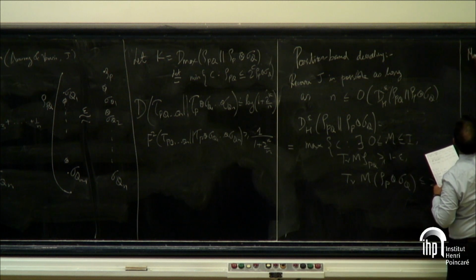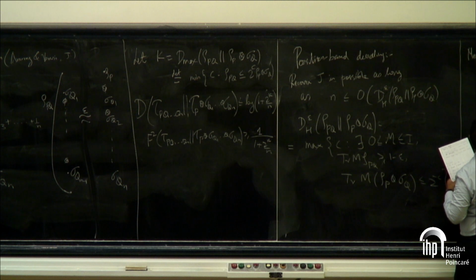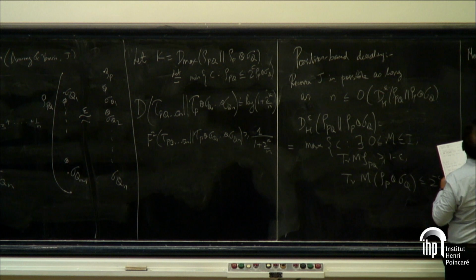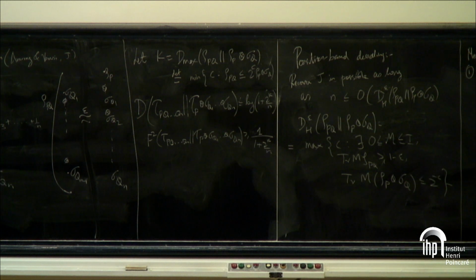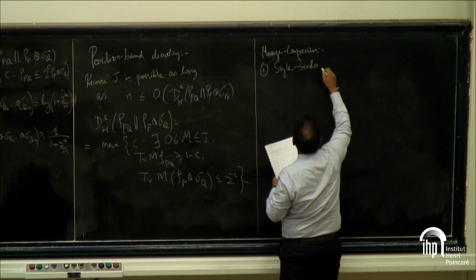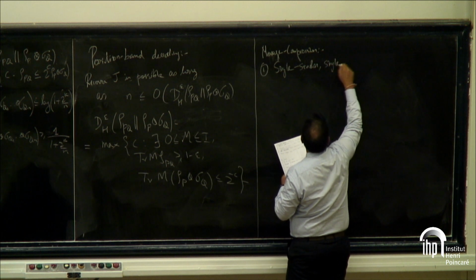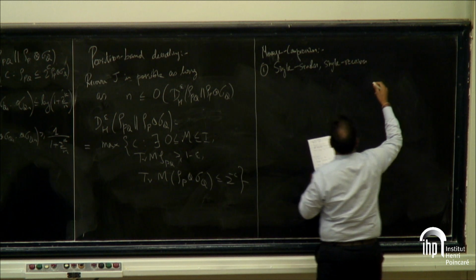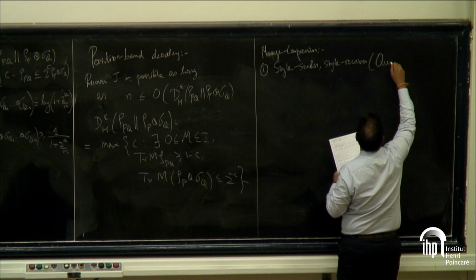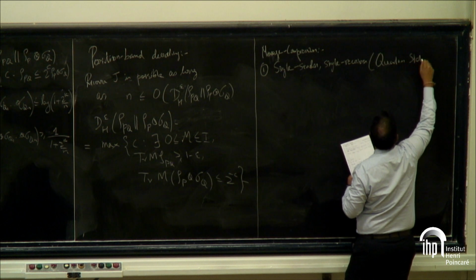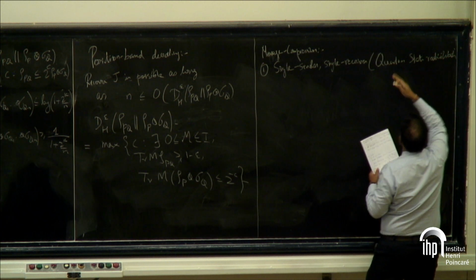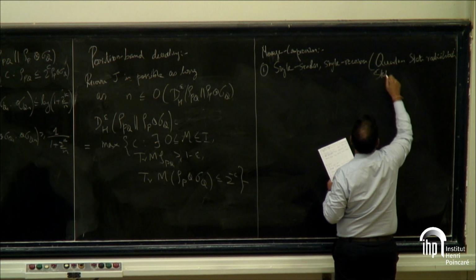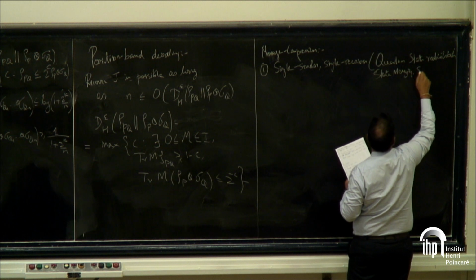So for message compression situations, these help us design new one-shot protocols, and we can get, for the single sender, single receiver setting, commonly known as quantum state redistribution, and the subtasks of these, like quantum state merging, state splitting, and so on.